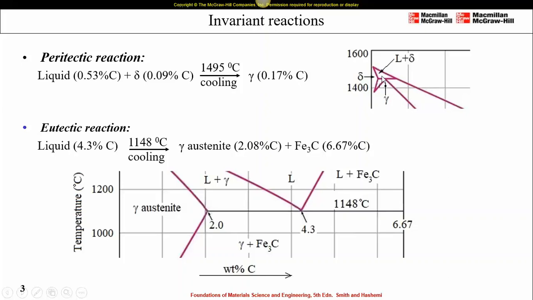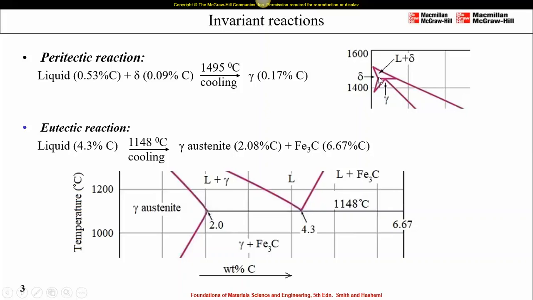We can notice this on this little portion of the phase diagram. This tie line, this horizontal line, is at the temperature of 1495 degrees Celsius. And in this small region of the phase diagram, liquid coexists with delta. Right below this point, we observe gamma phase or austenite.